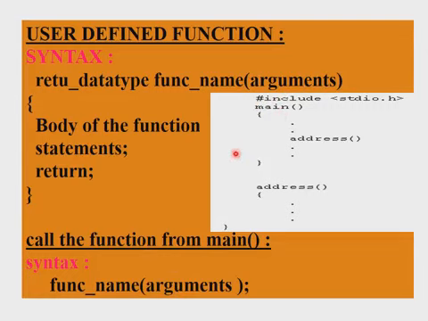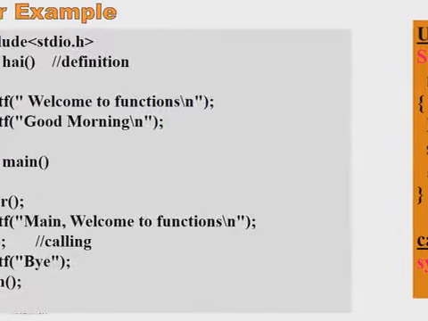So this is one example of user-defined functions. We define some function, like an add function, in or outside of the main function, and we can call this user-defined function in the main function.